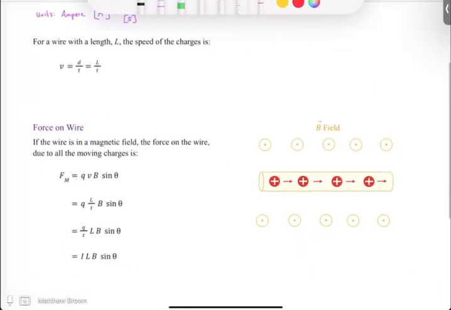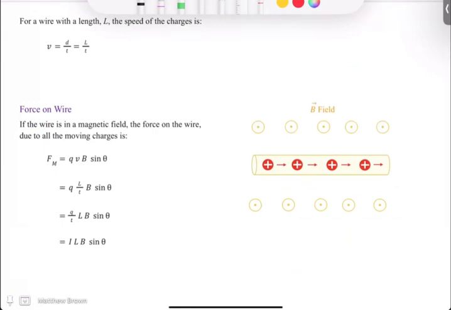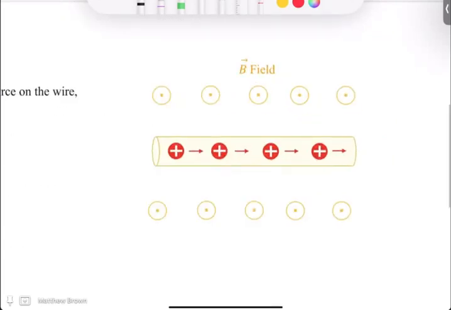So now if we look at a wire, and remember, we just looked at what happened with individual charges. We've got our wire here with multiple charges moving through it, and we've got some magnetic field. I'm not drawing the magnetic field around the wire. This is an existing magnetic field, and the current is going through the wire.